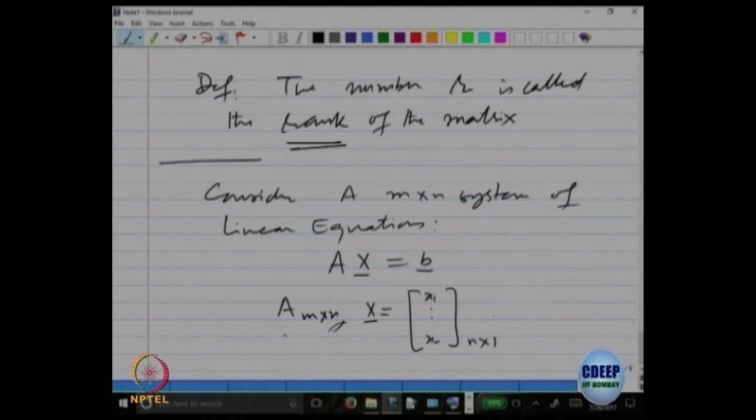And what is b? b is the vector on the right hand side, the constants. b1 up to bm, m equations, so that is m cross 1. So m cross n multiplied by n cross 1 is m cross 1, A x is equal to b, that is the matrix notation for a system of linear equations.